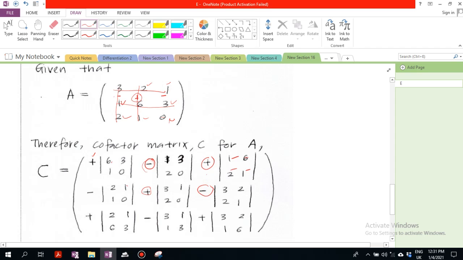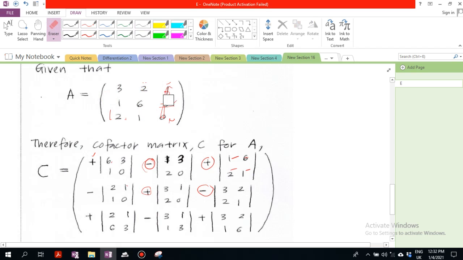So the next is negative. Okay, based on here negative, you eliminate this one, you eliminate this one, you will remain this one. You eliminate this one, and you eliminate this one, you will get 3, 2, 1.